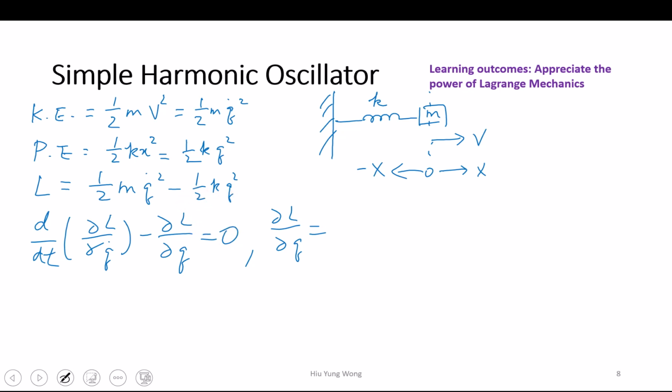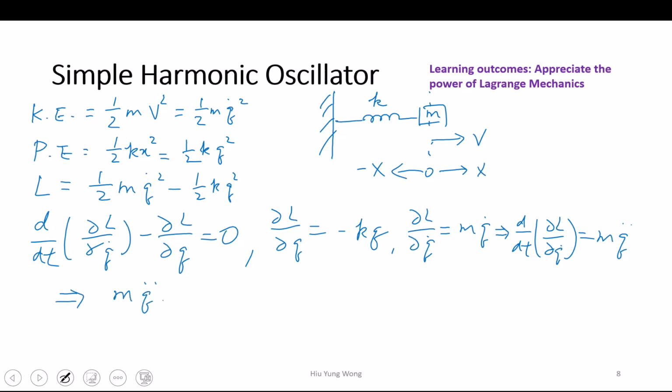Minus kq, very good. How about partial L partial q dot? We just studied, which is the momentum m q dot. And as a result, d/dt of partial L partial q dot equals m q double dot, which is ma. Very good.